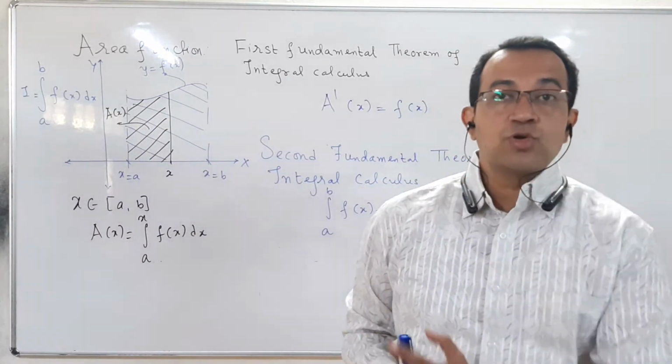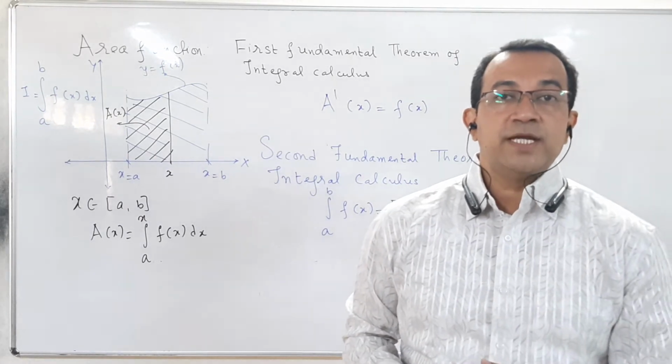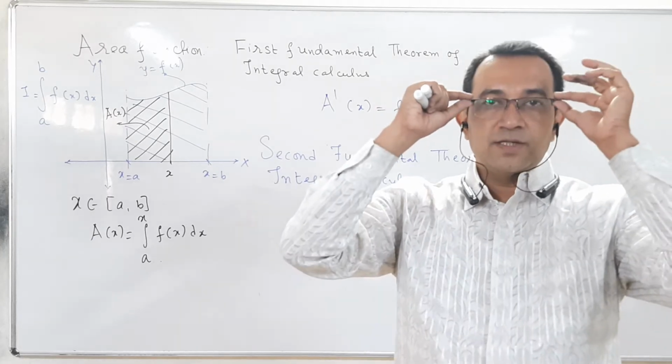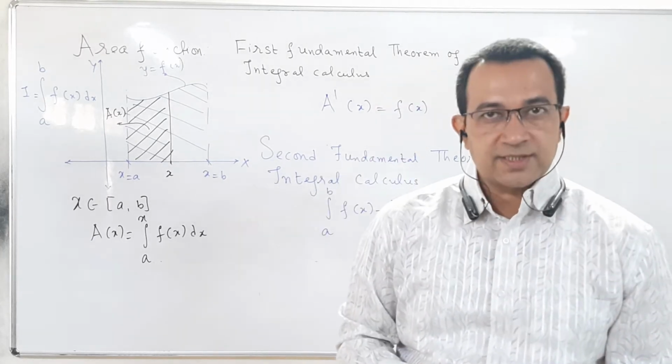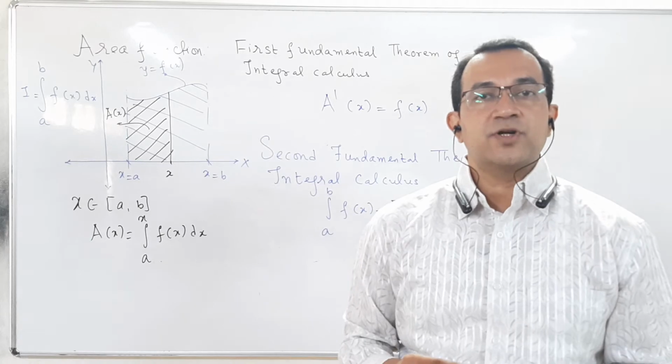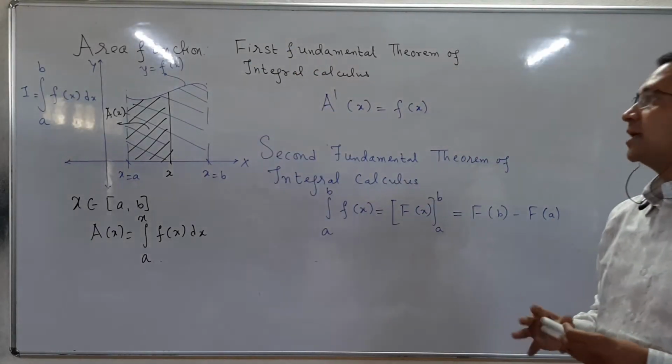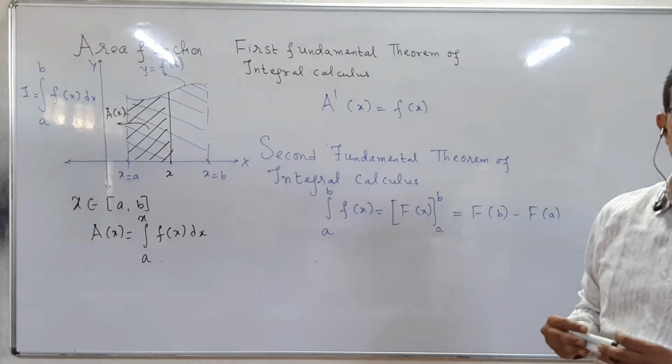Provided x belongs to closed interval [a, b], x has to be any value within the closed interval [a, b]. So that area is dependent on x, and that is why we write the function as A(x). So this function A(x) is called the area function.